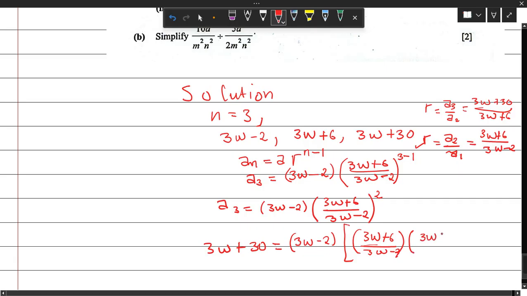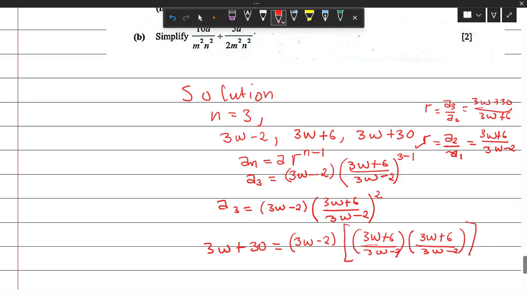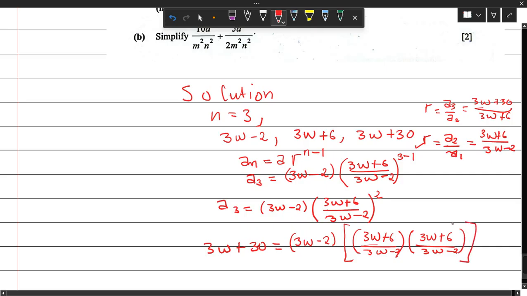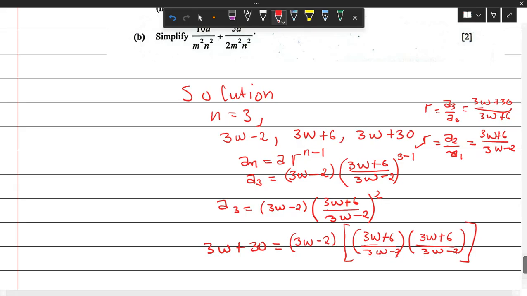Square means they are repeating terms: 3W plus 6 over 3W minus 2. Okay, so now I was trying to split them so that I can cancel. This term and this term is common. So we can remove this one and one of these.